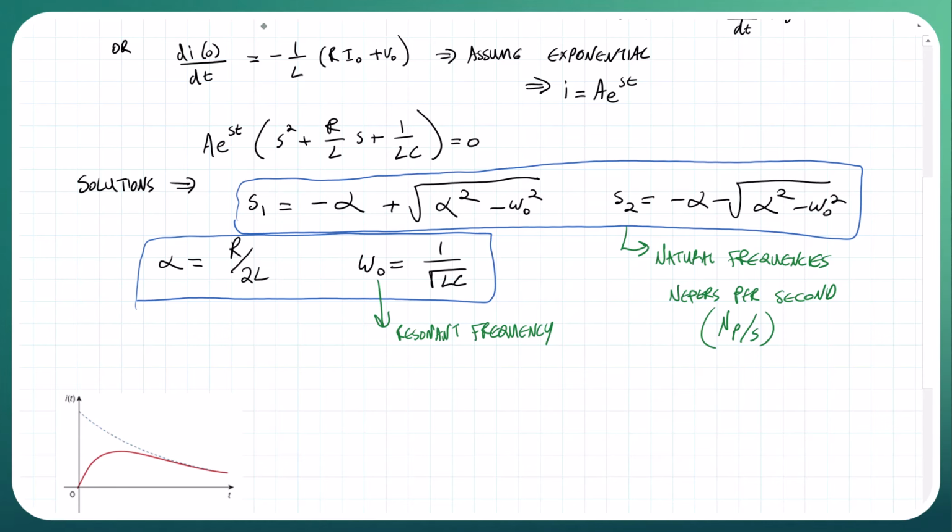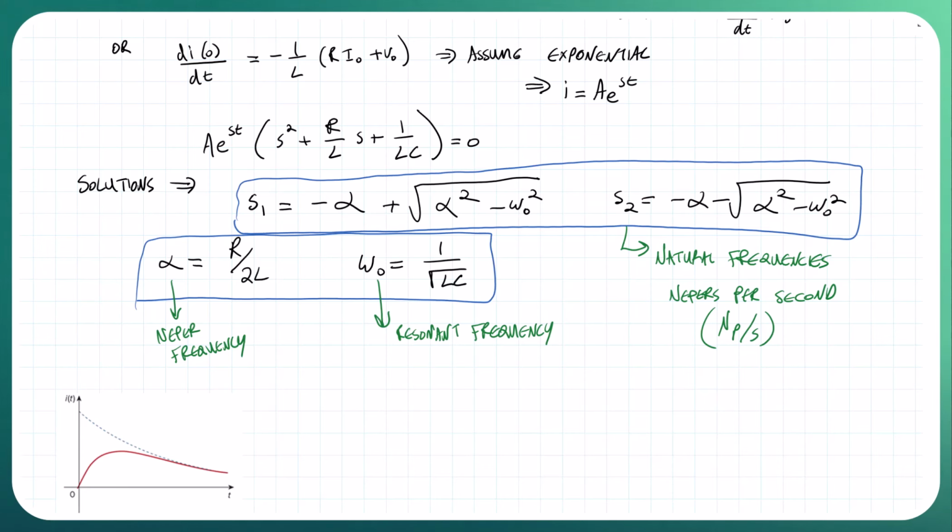Okay, and then alpha is going to be called the Neper frequency. Okay, so S's are the natural frequencies, omega naught the resonant frequency, alpha is the Neper frequency, and we're going to mainly be dealing with radians per second.